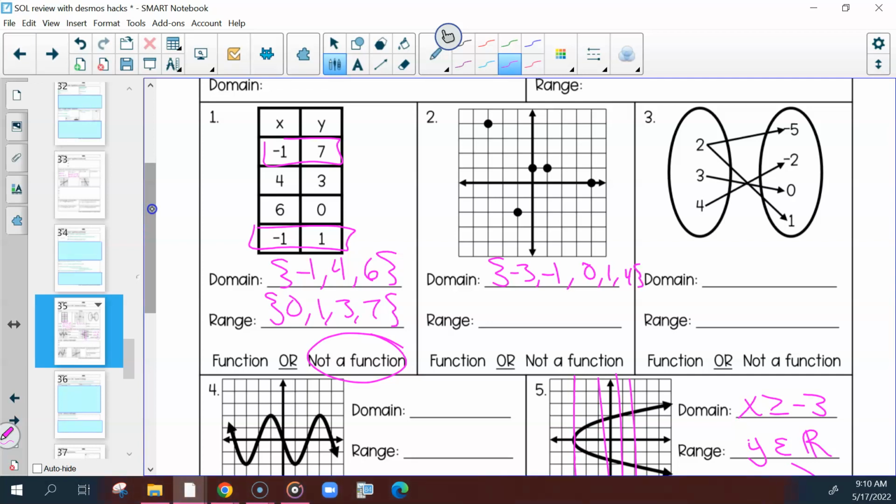And then range, lowest to highest, what would those values be? Is this a function or is this not a function? It is a function. We can do the vertical line test here. Even though we have repeating y's, that doesn't matter as long as we don't have repeating x's.